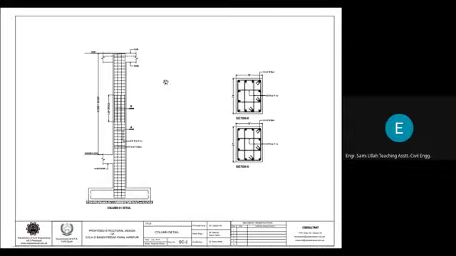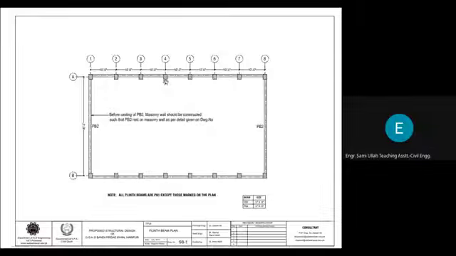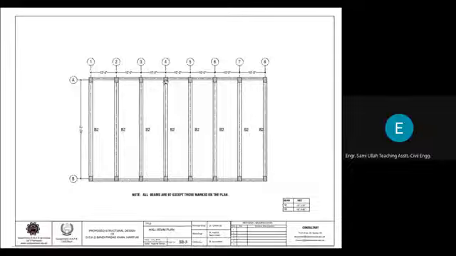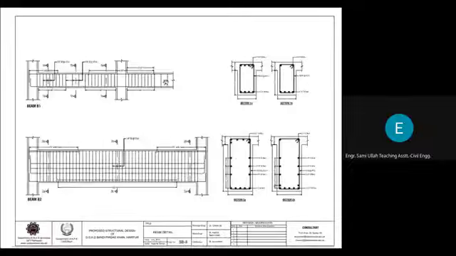Instead of 12 number 6 bars, in this case we have provided 7 number 8 bars, because in our example case the beam was 60 feet long. Here the beam is 40 feet long. So 7 number 8 bars have been provided with skin reinforcement.